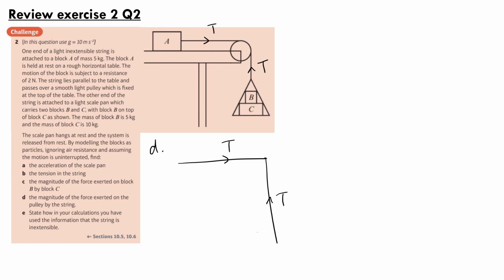We can resolve these forces if we draw in this line here. We know that these two angles must be 45 degrees, as the two tension forces are acting perpendicular to each other. And we can use these two right triangles here to resolve perpendicular and parallel, like so.